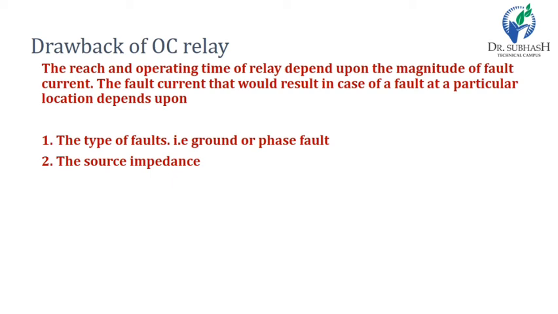They depend upon the magnitude of fault current. The fault current that would result from a fault at a particular location depends upon the type of fault, like a ground fault or phase fault, or the source impedance.